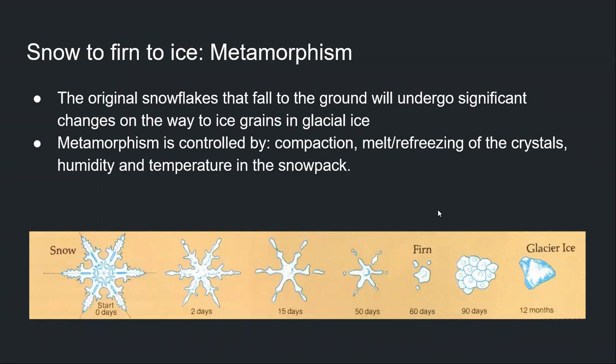Metamorphism is controlled by the compaction that you have by adding material on top of your layer of snow, and by melt-refreeze of those ice crystals, because as they melt, they round up naturally. That depends on the humidity and the temperature inside your snowpack. There's a very cool lab video about this topic in particular. That explains why you have such different snow types when you look at the snow outside in Fairbanks.